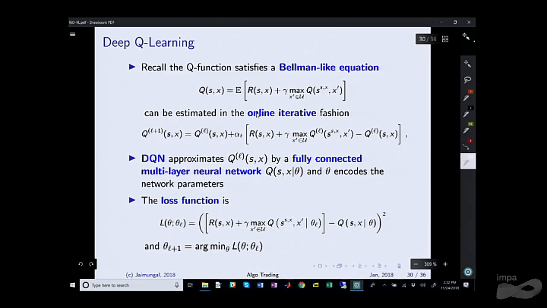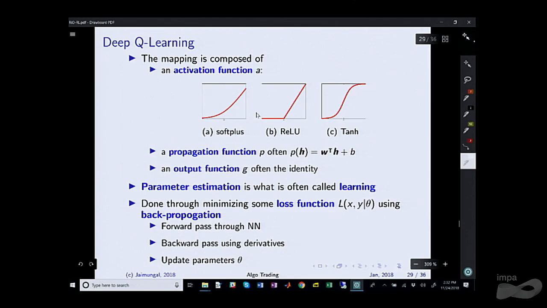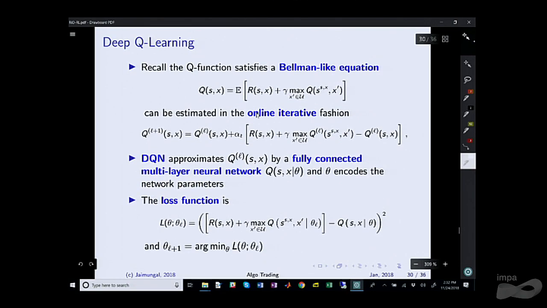So we write it like this instead. Q(s, x; theta) looks like a conditioning thing, but it's not conditioning. It just means that's where the parameters go, to the right of the semicolon. Again, it's typical notation in the ML community. So the loss function, now, what is it that we're trying to do? Remember, we're minimizing some loss, right? The parameters are going to be estimated in that way. Well, what does the loss mean here?